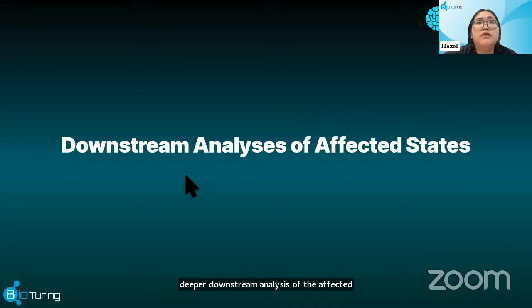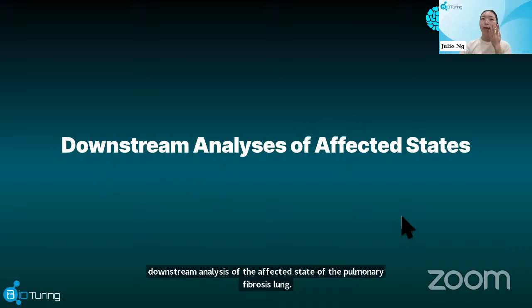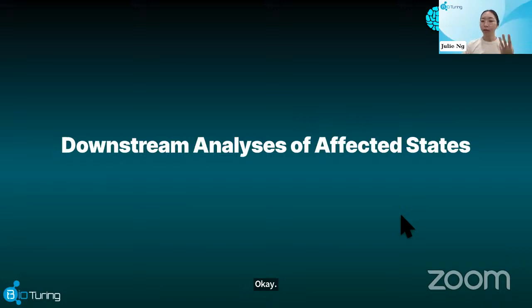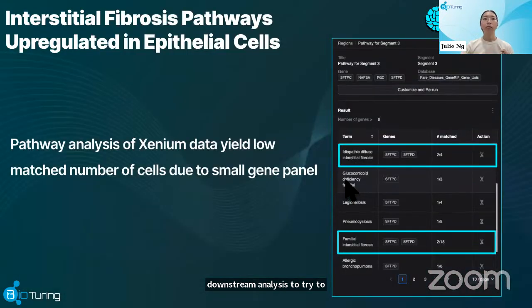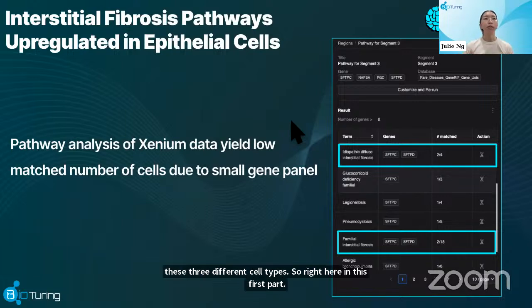Yeah, so in this next part, remember how I found 3 distinct cell types after region segmentation? I wanted to use different kinds of downstream analysis to investigate these 3 different cell types. So right here in this first part, I wanted to learn more about the epithelial cells section.